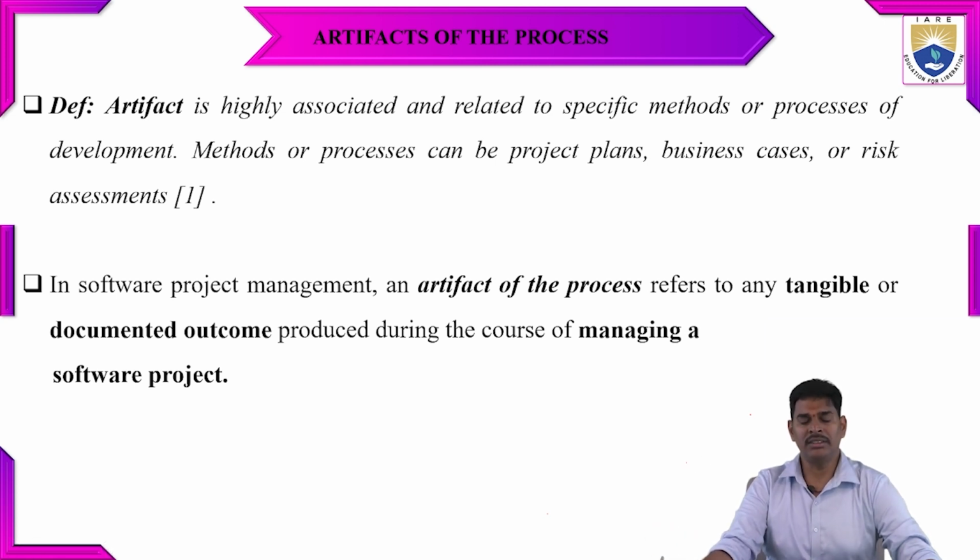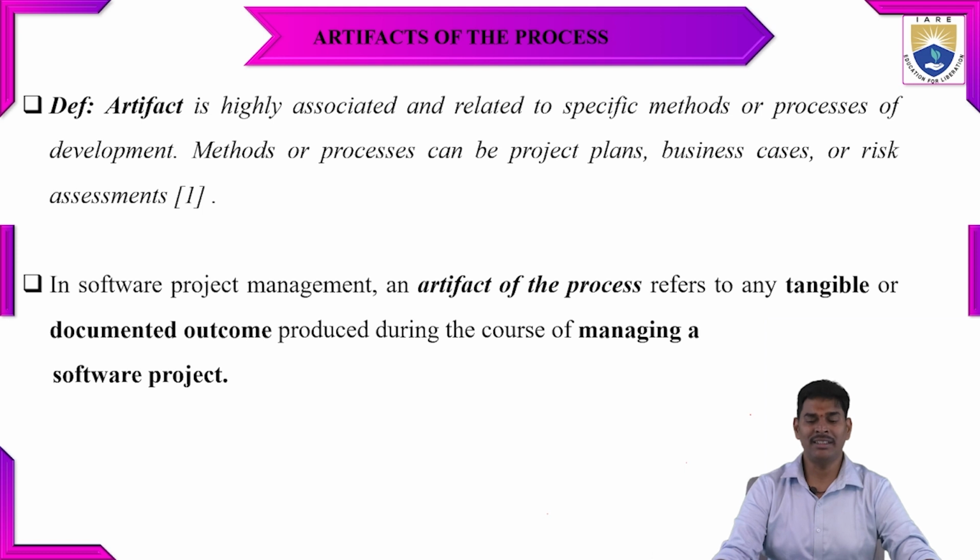Later in elaboration, the design part is very crucial, and after that the construction. In construction, the implementation and deployment are very important, and in transition we need to deploy the product as well as maintain the product.